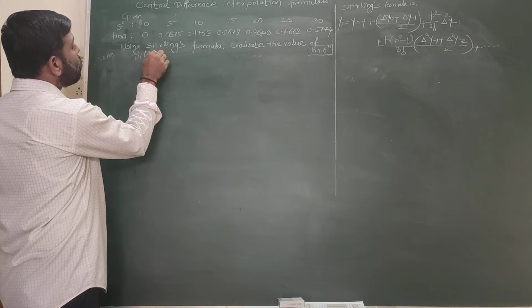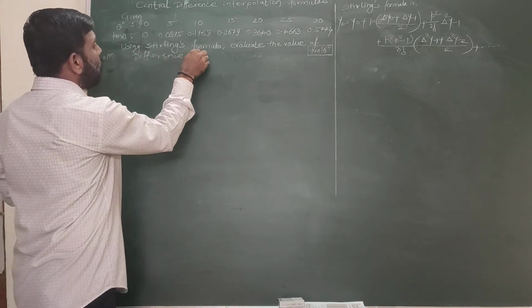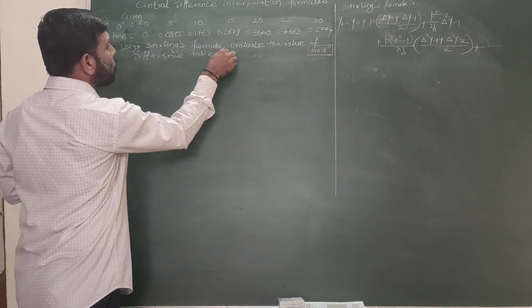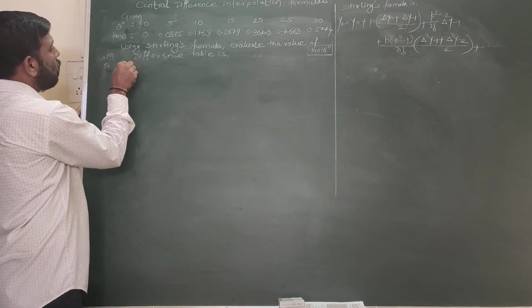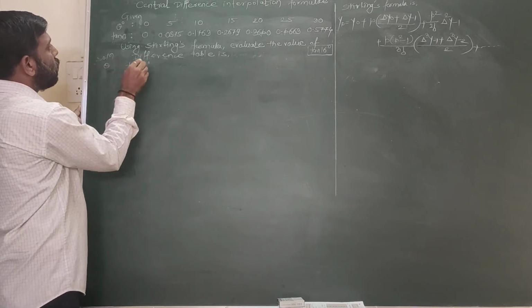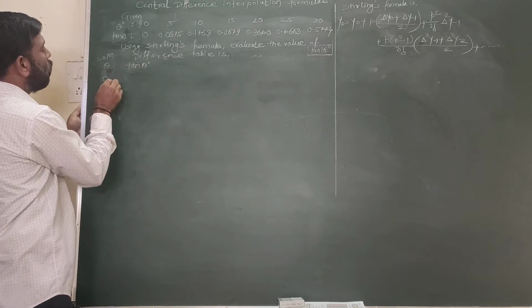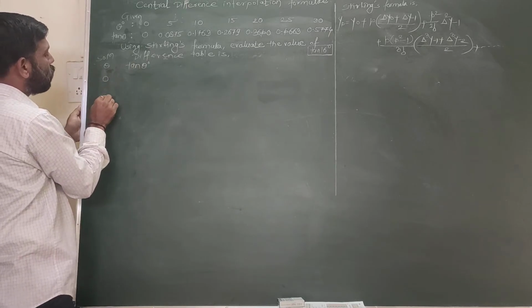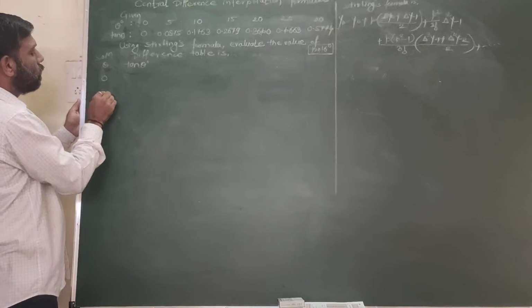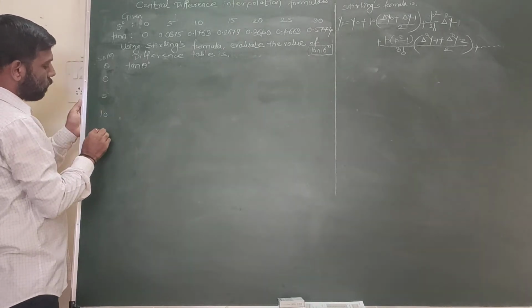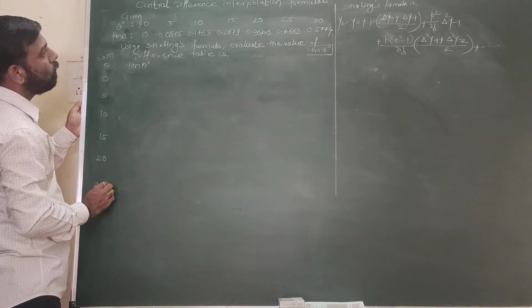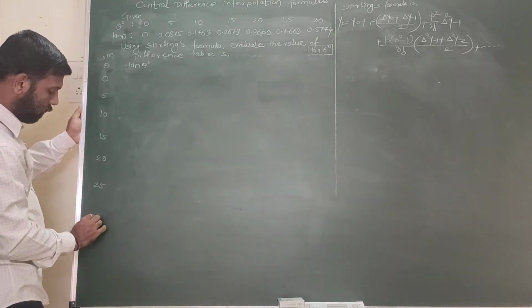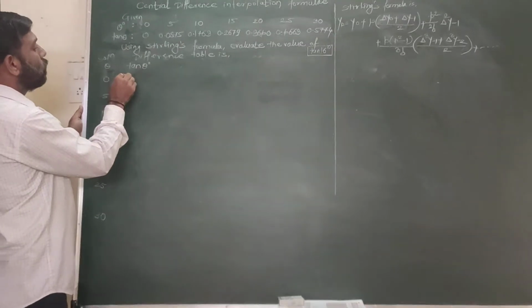the difference table is: first column theta, and this is tan of theta, the respective values of theta that we are substituting here, 0, 5, 10, 15, 20, 25, and next is 30.